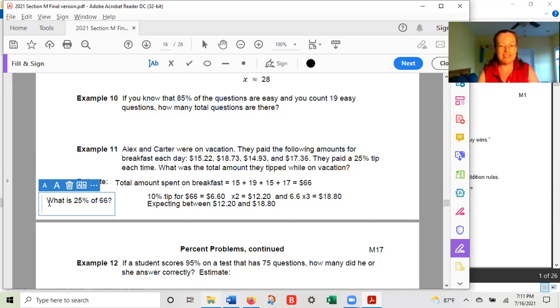I guess in the past I had 65, so I probably rounded one up to 20. X equals 25 divided by 100 times 66. I'm feeling it's going to be around 16 bucks. Let's see, 25 divided by 100 times 66. 16.5.